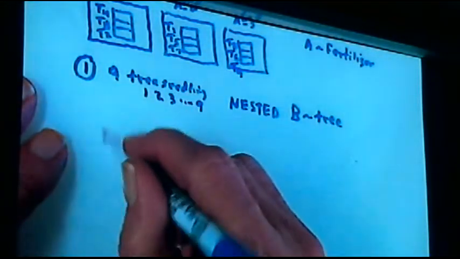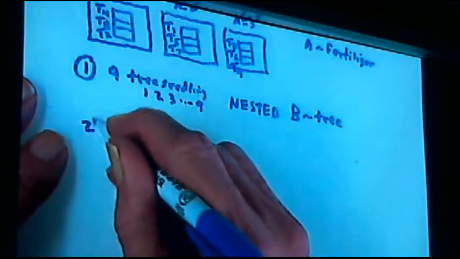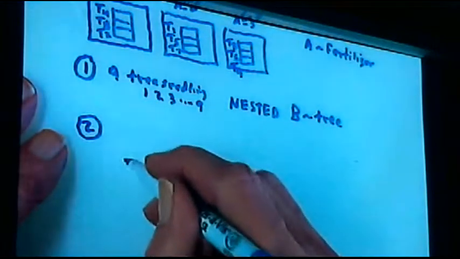All right, let's do something else then. Suppose I have the same layout again. I'll make it a little bigger this time so I can actually write it.